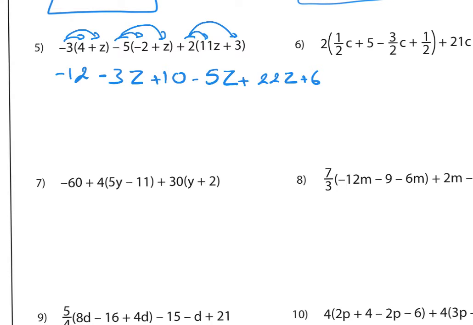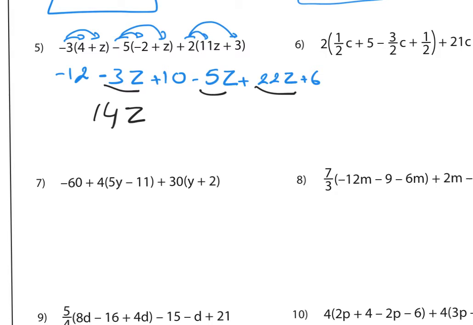So now, let's combine all the z terms together here. We have negative 3z, negative 5z. That will be negative 8z, right? And we're going to combine with positive 22z. So negative 8 plus 22 will be positive 14, so it's 14z.